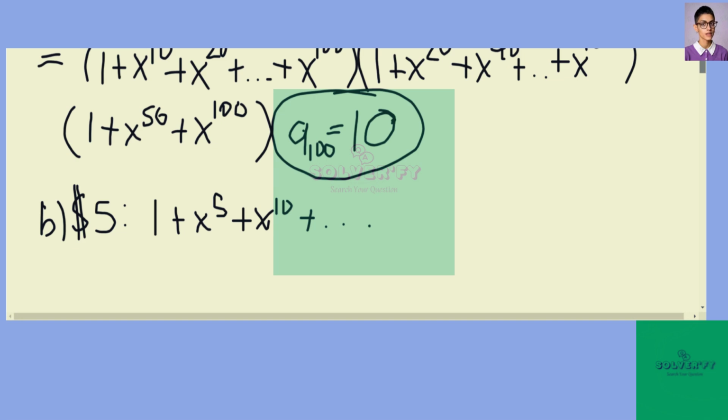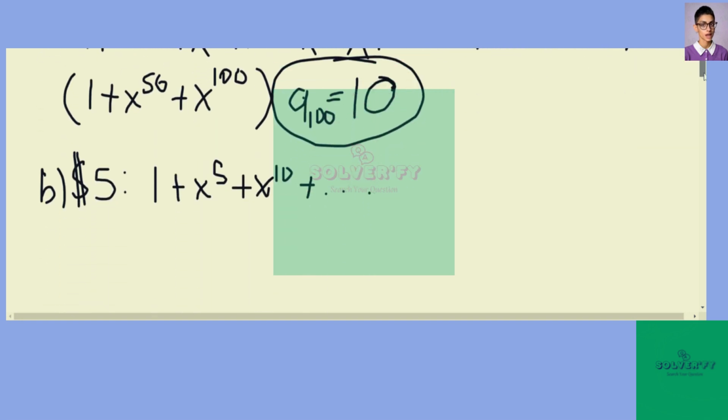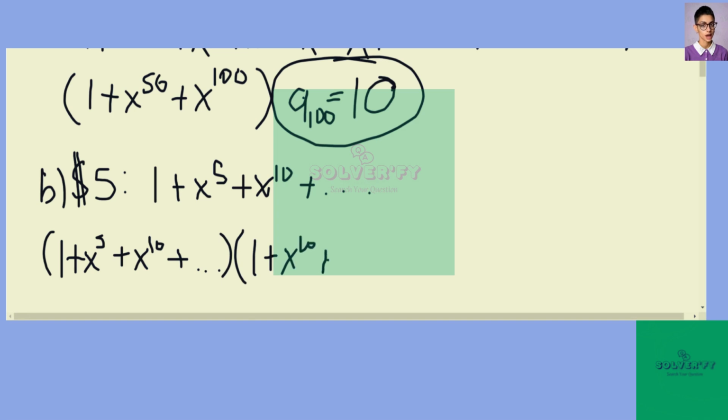And the generating function in total is going to be the product of all four generating functions. So this is going to be 1 plus x to the 5th plus x to the 10th, and so on, times 1 plus x to the 10th plus x to the 20th, and so on, times 1 plus x to the 20th plus x to the 40th, and so on.